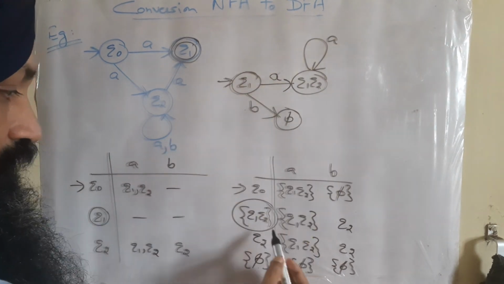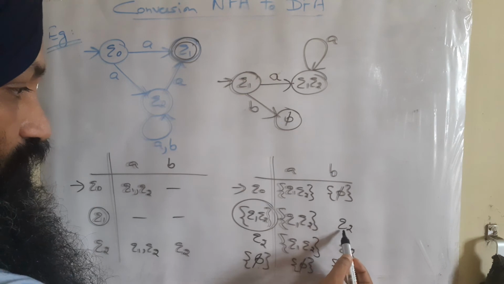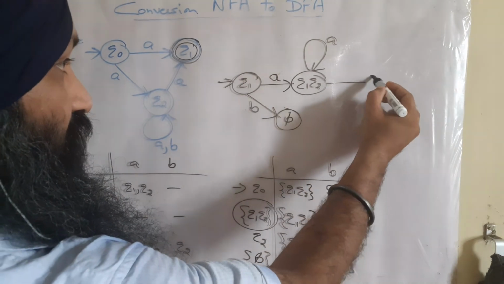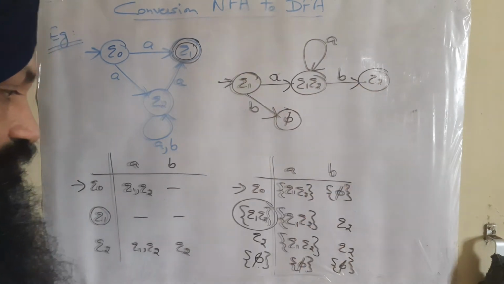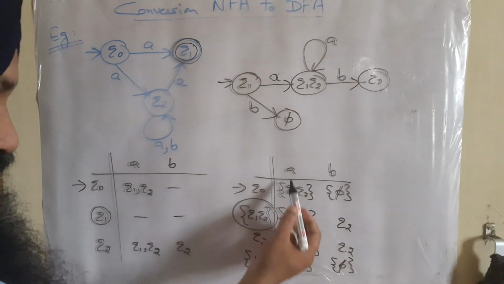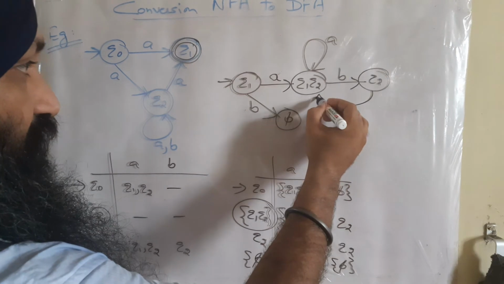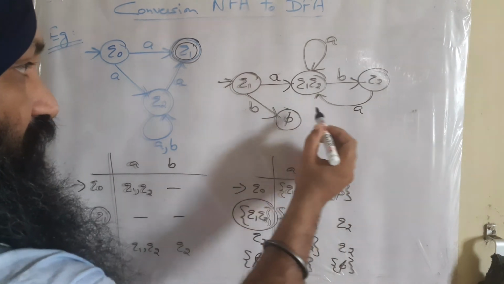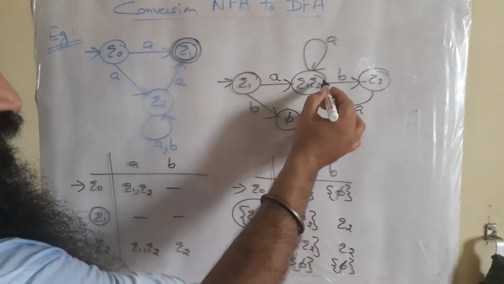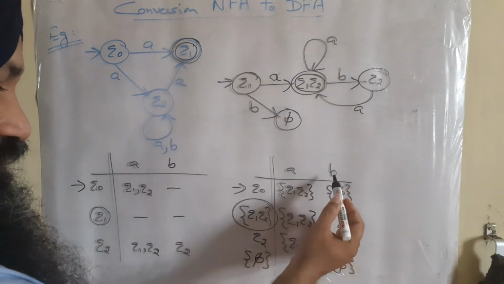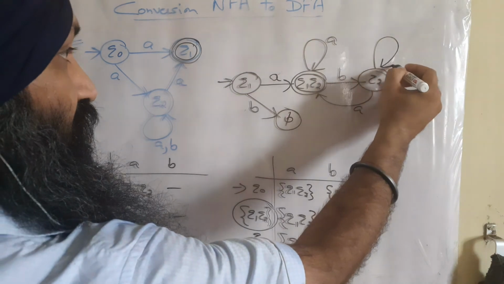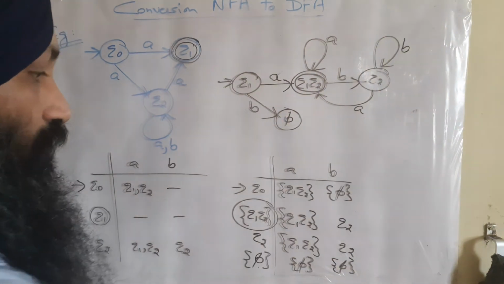With respect to B, we move to another state, that is Q2. Q2 with respect to A goes back to the state Q1, Q2, which is the final state we know. Q2 with respect to B remains at the same state, that is Q2.